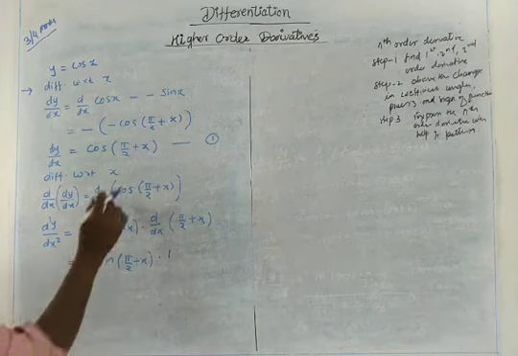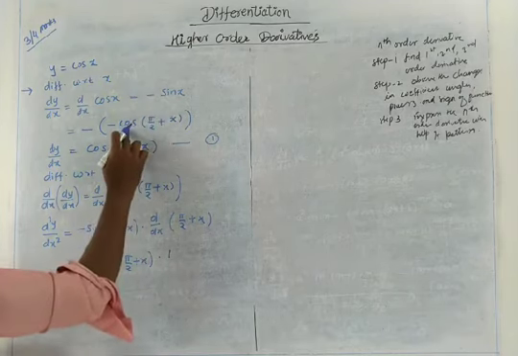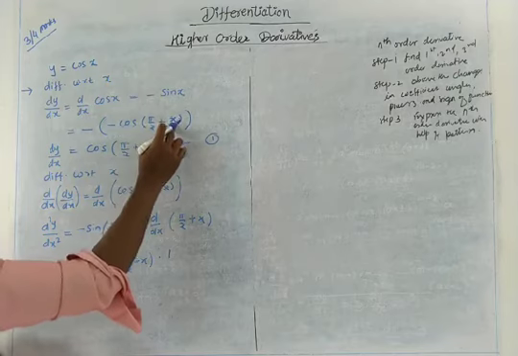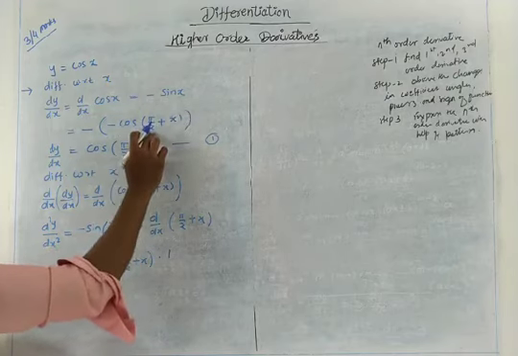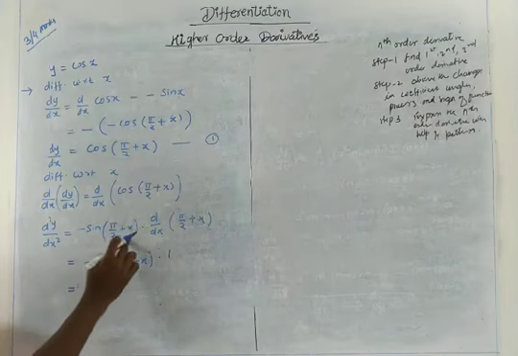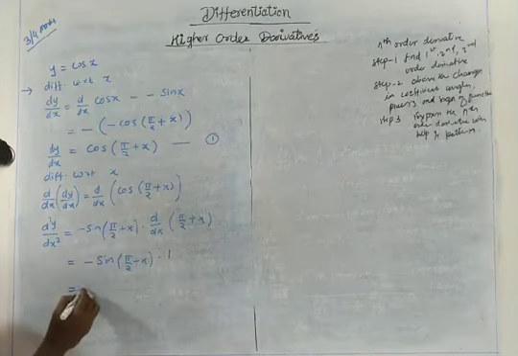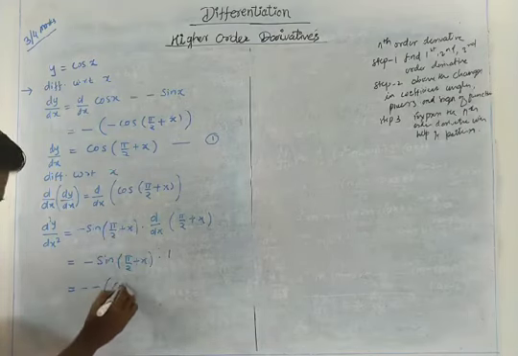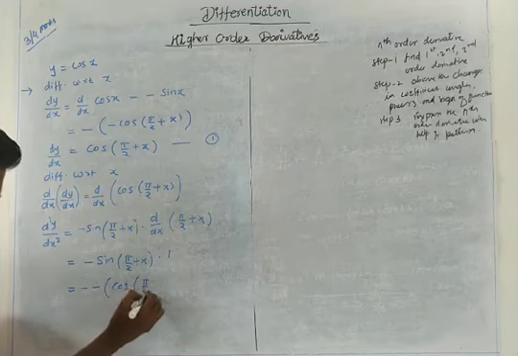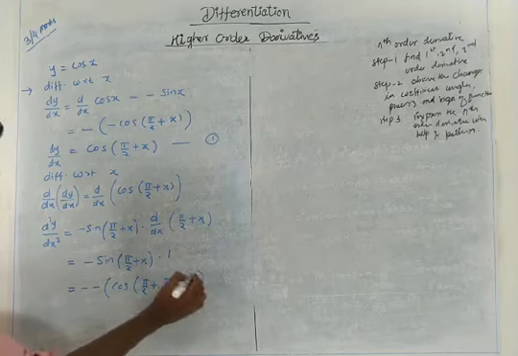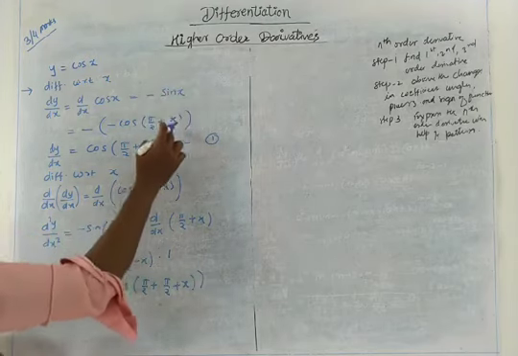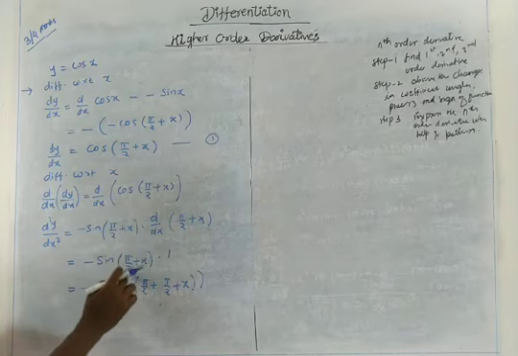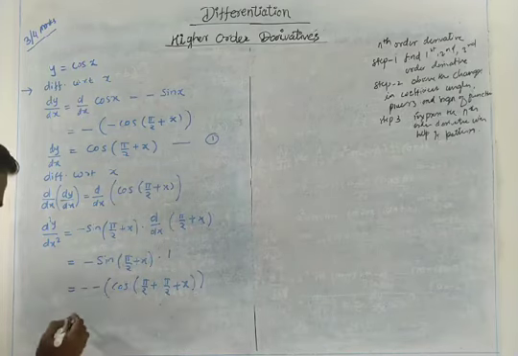Now sin x is written as minus cos of pi by 2 plus x. With x we are writing as x, just adding with pi by 2. So here now it is pi by 2 plus x. So here minus of minus cos of pi by 2 plus pi by 2 plus x. Okay, just replace x with what we wrote here. So instead of x here pi by 2 plus x, so I wrote here pi by 2 plus x.